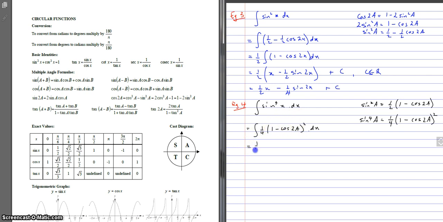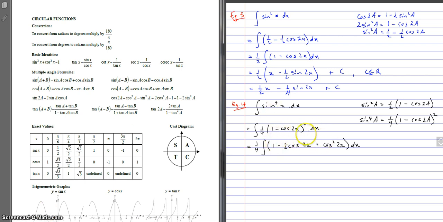We'll take the 1/4 out the front, and this becomes 1 minus, expanding this binomial product, 2 cos 2x, and plus cos squared 2x, dx.